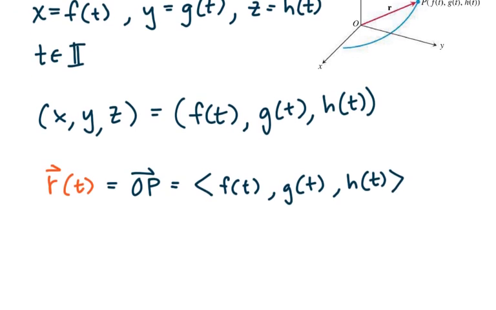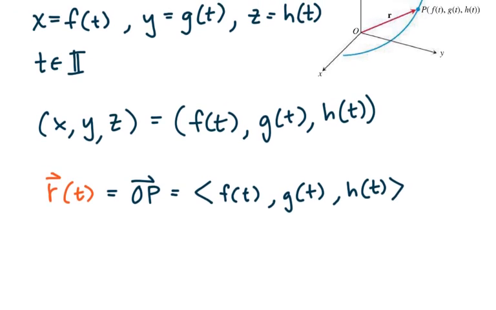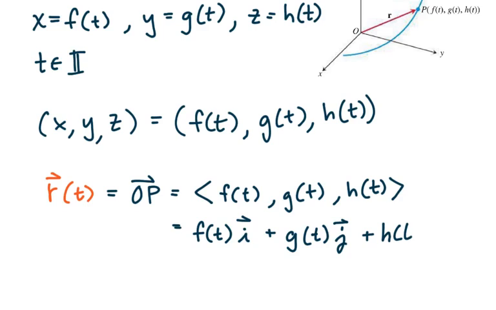And then using our i, j, k notation, we could also write this as f of t times the vector i plus g of t times the vector j plus h of t times the vector k. So f of t, g of t, and h of t represent the component functions.